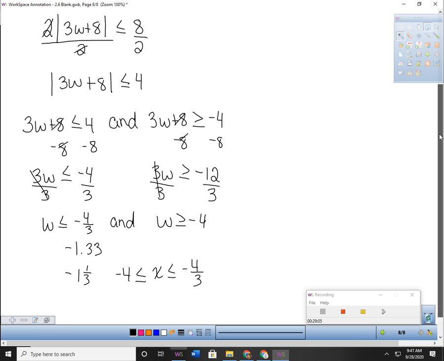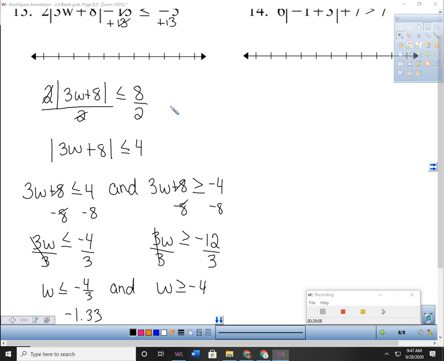So we've got negative 4 and negative 4/3. So negative 4 is going to be a closed circle, right? So you have the equal to bar. Negative 1 1/3, closed circle. And then you're going to shade in the middle.